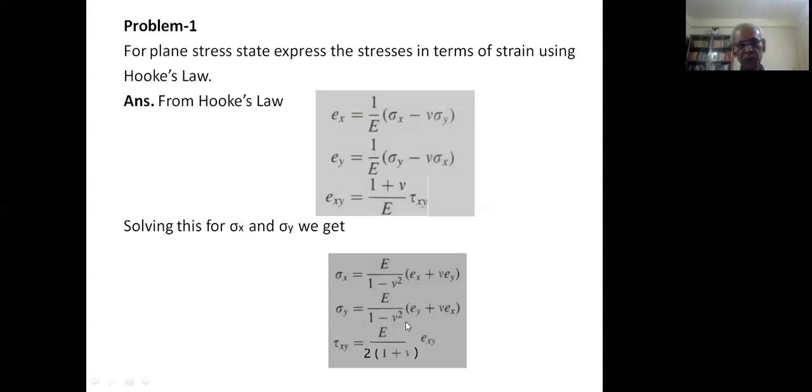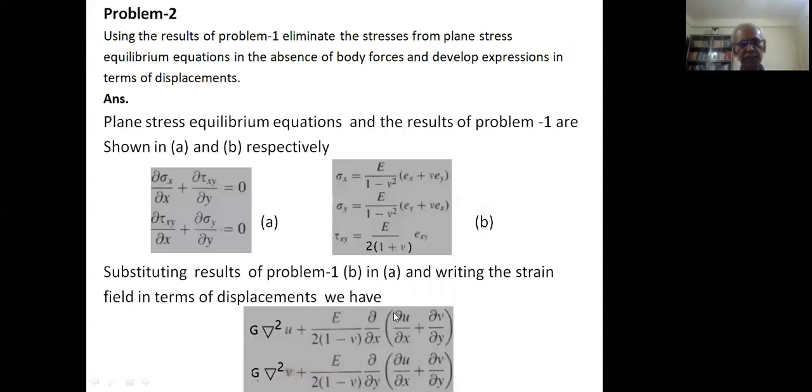Now we'll go to plane strain. We'll look at another problem. The equation that we got from problem number 1, that is sigma x in terms of strain, or stresses in terms of strain. So the problem is, using the results of problem 1, eliminate the stresses from plane stress equilibrium equation in the absence of body forces and develop expressions in terms of displacement.